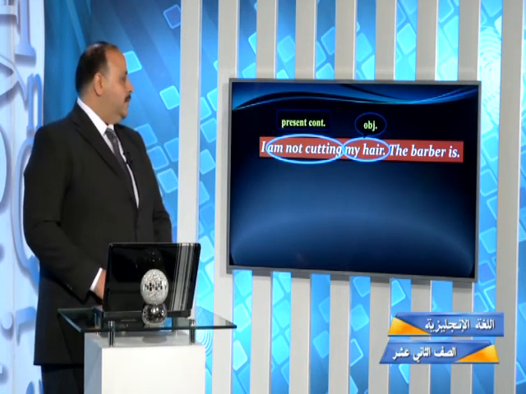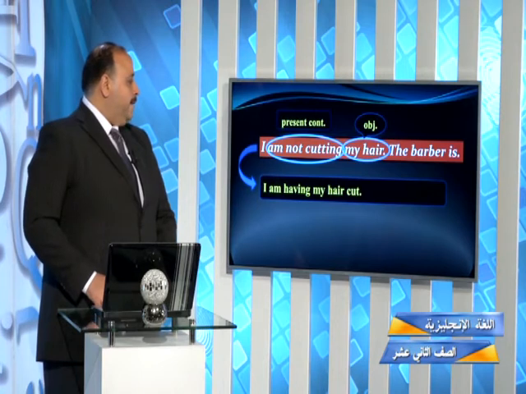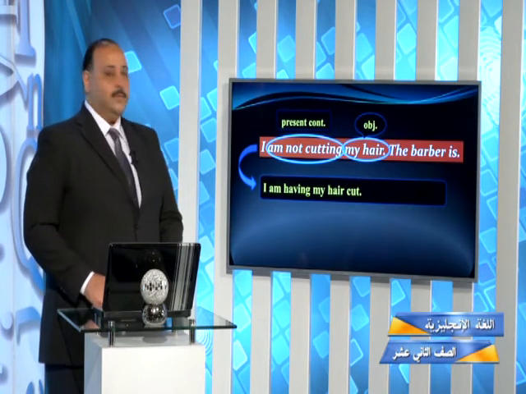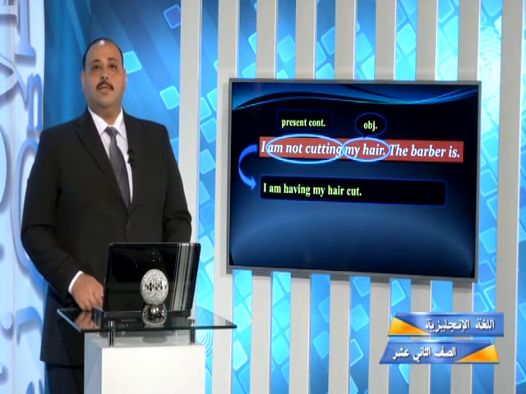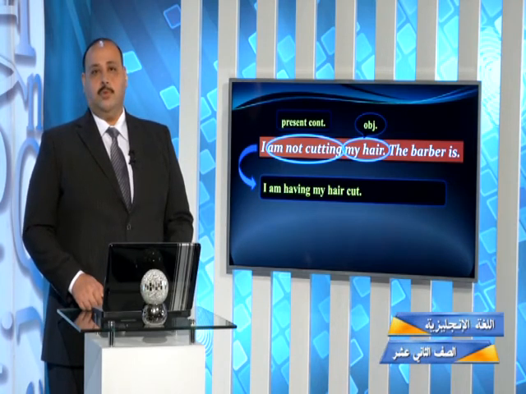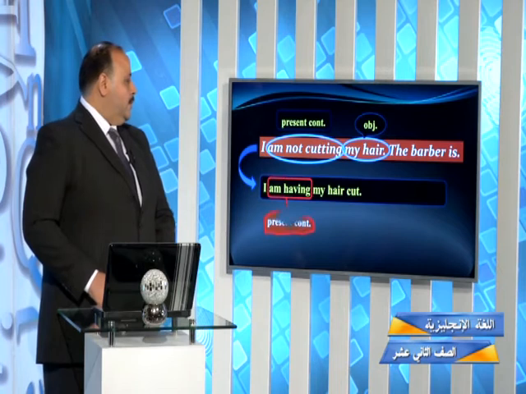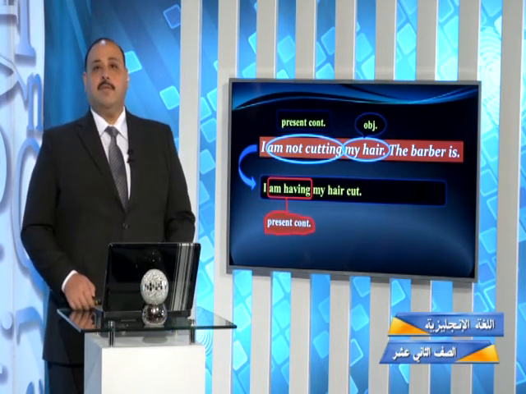Now let's see the answer. I'm having my hair cut. That's great. So what kind of a change did we make here? Did we use have? Of course we use it. We cannot ignore it. It's one basic part of the causative verb. Now see, we have am having. Why do I say am having?